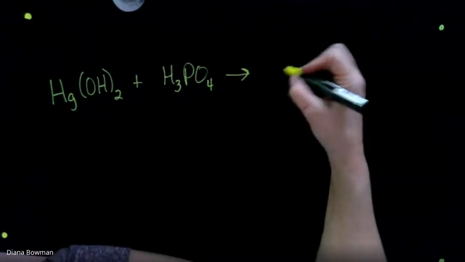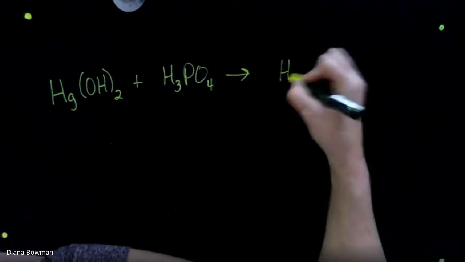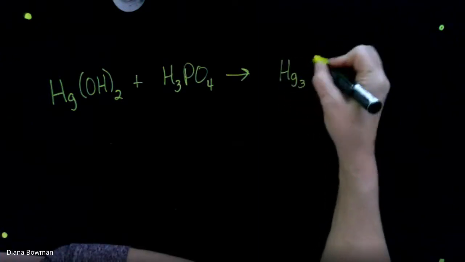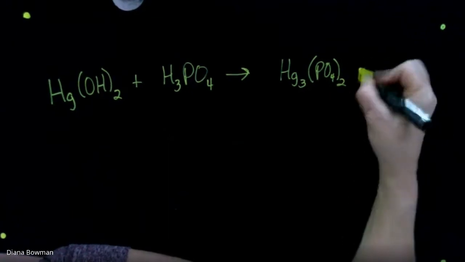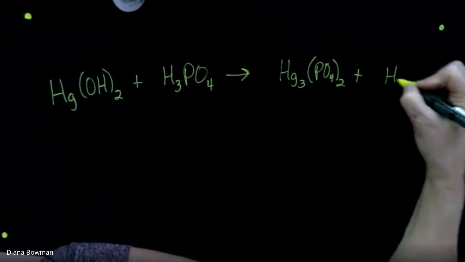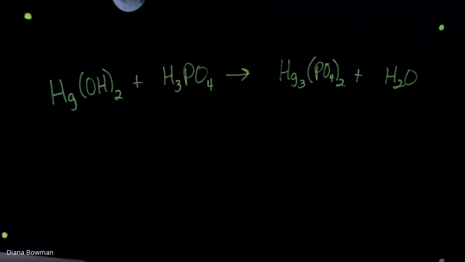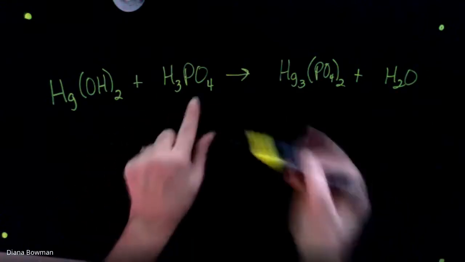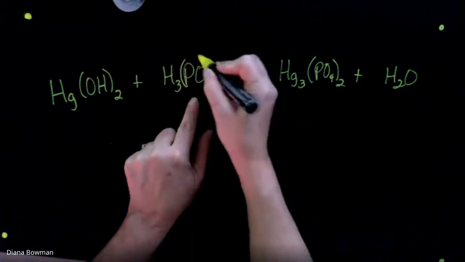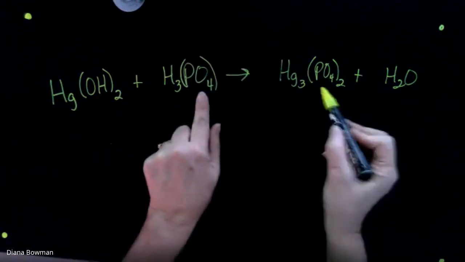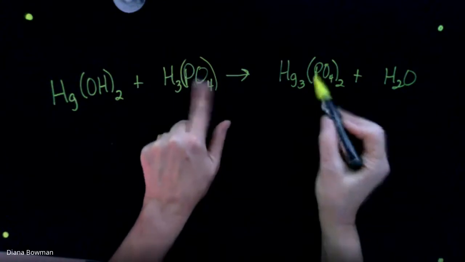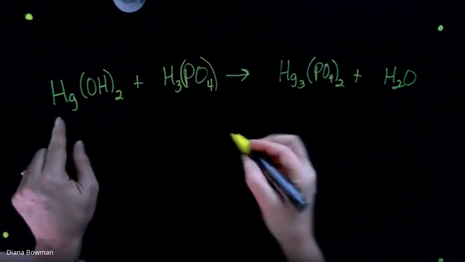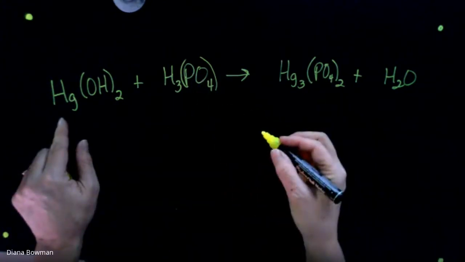So I'm going to put Hg3(PO4)2 plus some water, H2O. Okay. Well, let's see. Hey, look, here's a polyatomic ion again. See how I have PO4 here and I have PO4 there? So I'm going to keep those together and not worry about pulling out their oxygens or their phosphates.